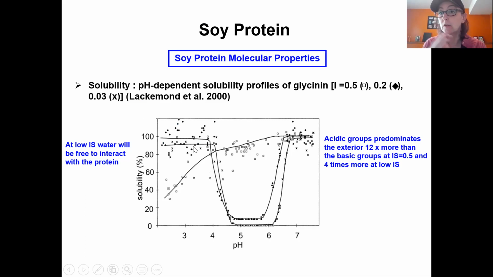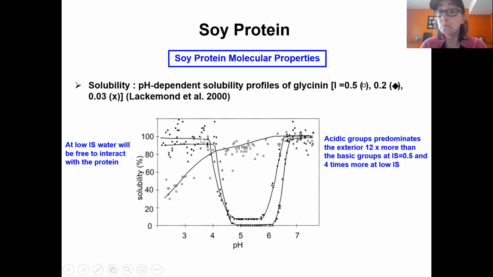The carboxyl groups get protonated, and the amino groups of the basic subunits are positively charged, so you have more charge on the protein, and then you have less salt, so you have more water interacting with the protein. So we see good solubility at these acidic conditions.